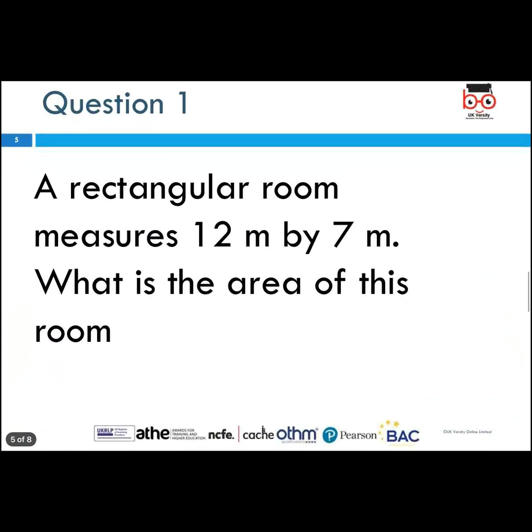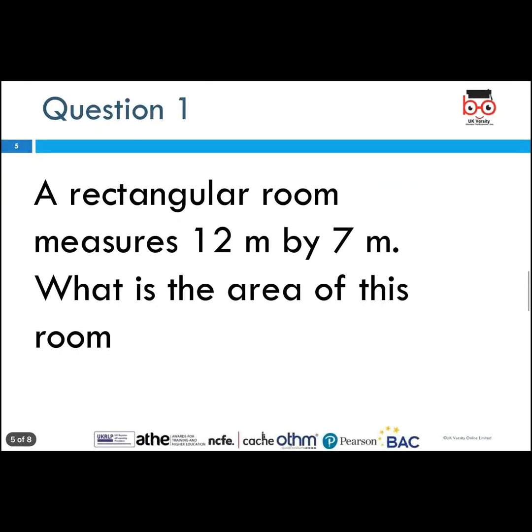So can you try this question? The rectangular room is measured to be 12 meters by 7 meters. So what is the area of this room? Who wants to calculate that? I expect all of you to do this question. 84 meters squared.